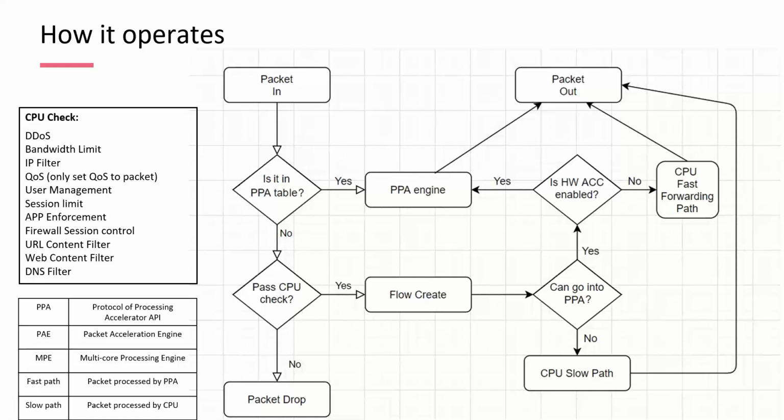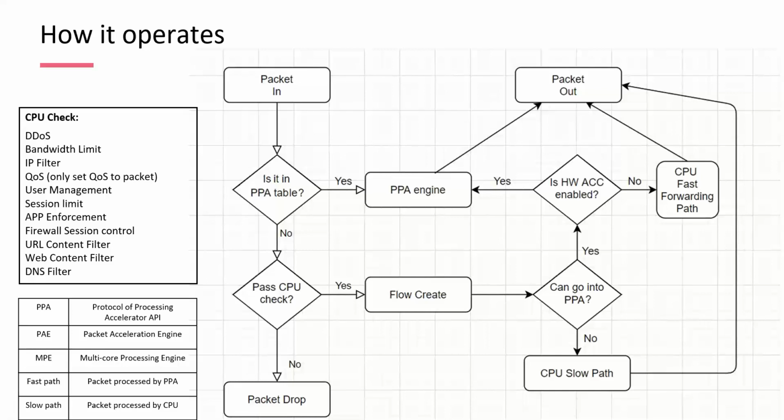As I said earlier, it can do up to 8,000 sessions on the current models. The older models support slightly fewer sessions. That's a combination of the packet accelerator engine, which is the hardware accelerator, and also the MPE, the multi-core processing engine, which is hardware acceleration done by the CPU.